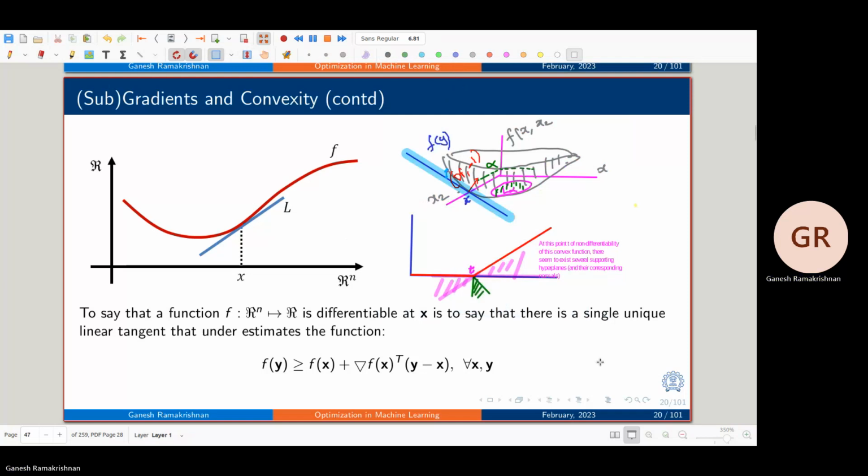Okay, yeah. That's the same color, right? So this part in green is what corresponds to subgradients. All the possible subgradients. And the part in pink are all the supporting hyperplanes.